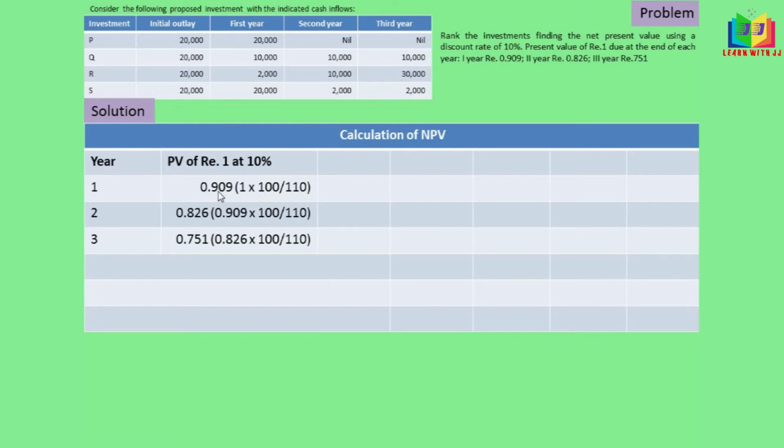1 into 100 divided by 110, we get 0.909, and with that we multiply for the next year. We get 0.826, and with that 0.826 we multiply again by 100 and divide by 110. We get 0.751, and it goes on for several years. This is the easy way to find the PV of 1 rupee at the rate of 10%. We can find it at any rate.